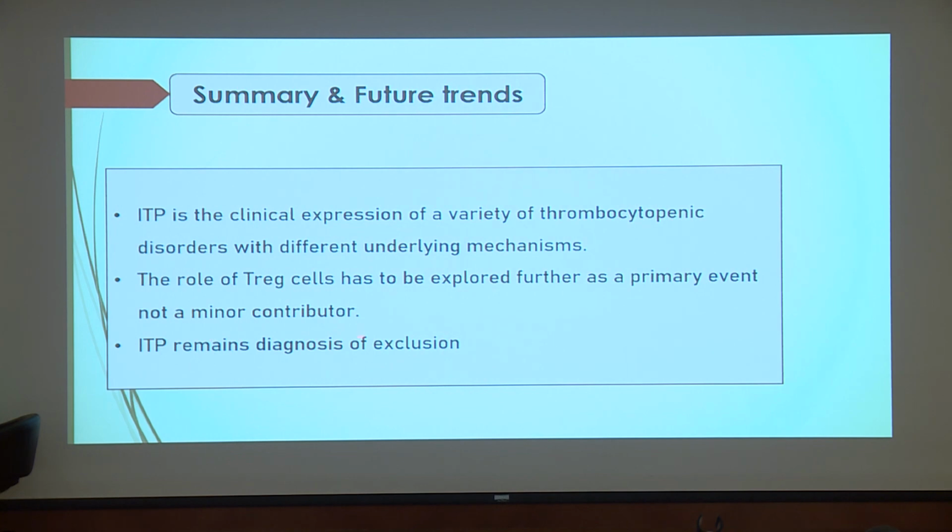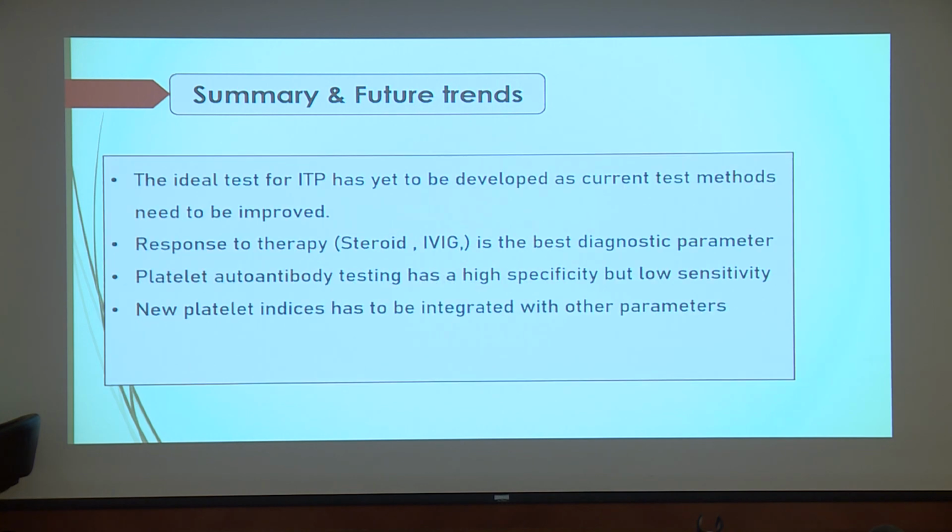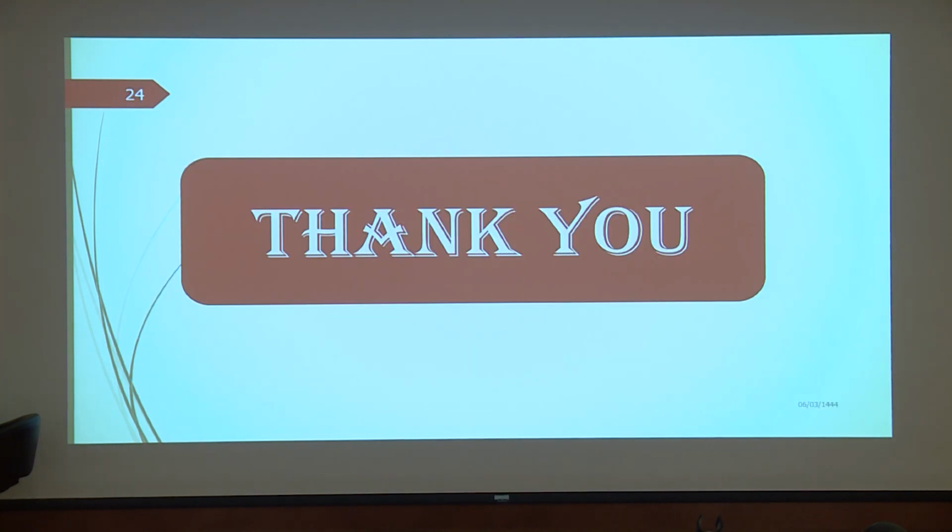ITP remains a diagnosis of exclusion. And the ideal test for ITP has yet to be developed, as current test methods need to be improved, especially in terms of sensitivity and response to therapy, steroid, IVIG, or one of the novel agents, as the best diagnostic parameter. Platelet autoantibody testing has a high specificity but low sensitivity. New platelet indices have to be integrated with other parameters. And thank you.